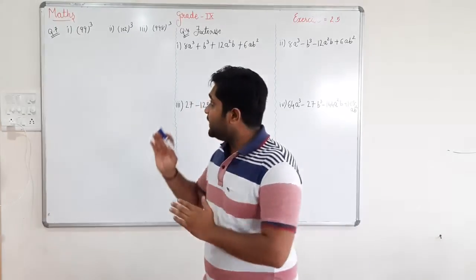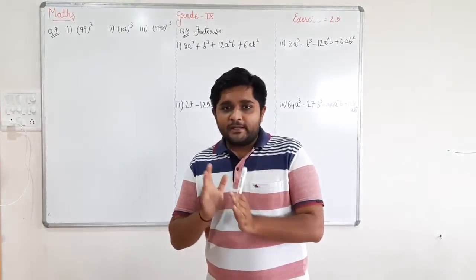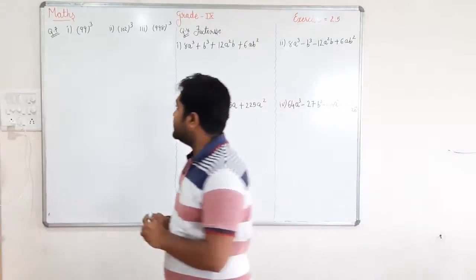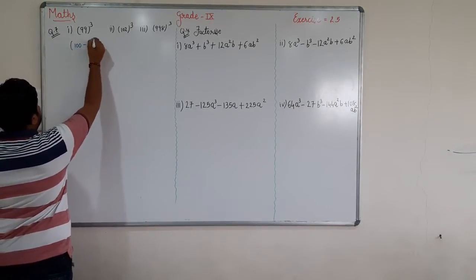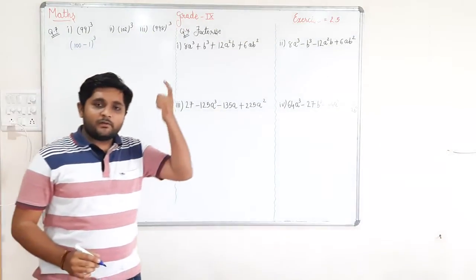So in place of 99 we have to write 100 minus 1. So let me write, in place of 99, 100 minus 1. We can write it like this: (100 minus 1) bracket power 3.